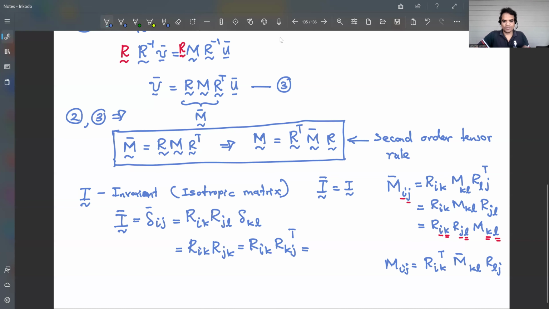This is R into R transpose, again the identity matrix, right? Delta, K cancels out, free index I J. You see, delta ij bar and delta ij are equal. So that is why this is an isotropic matrix, right?